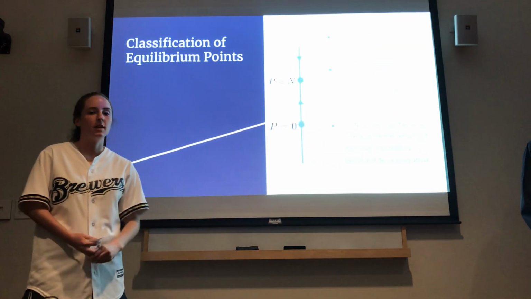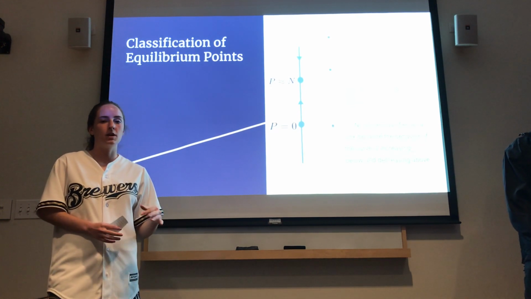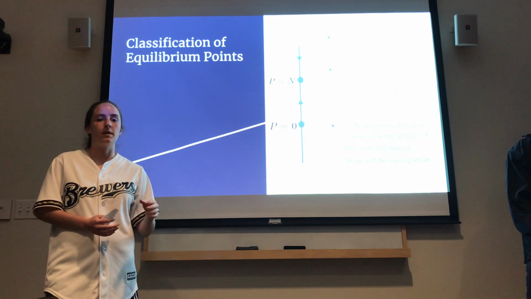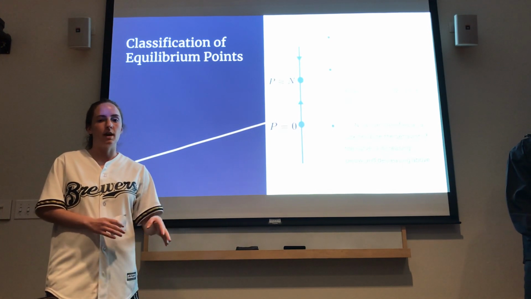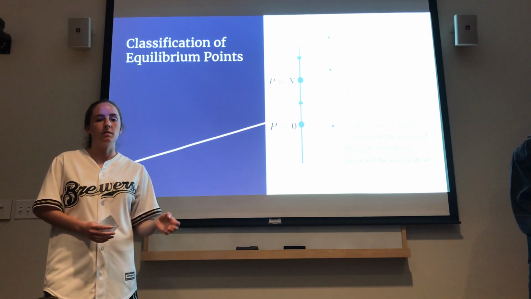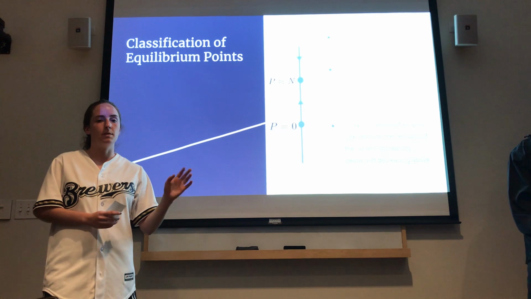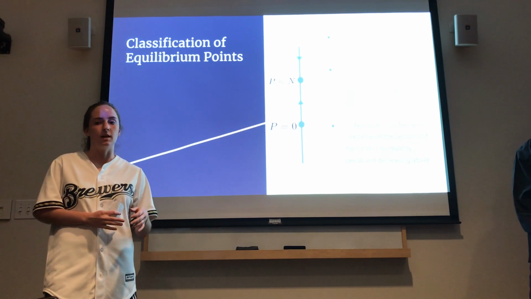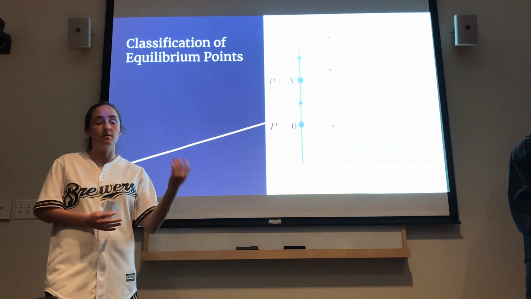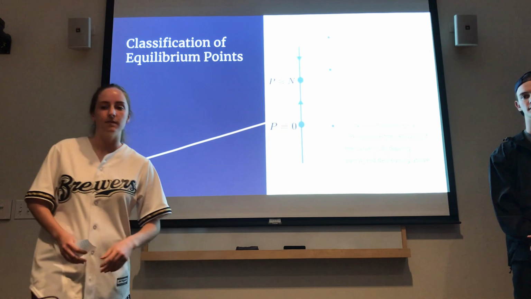The classification of the equilibrium points isn't very conventional: the p=0 equilibrium point doesn't really have behavior below it, so we couldn't classify that equilibrium point. But when p is very near the carrying capacity, we were able to classify it as a sink because the curve is increasing below and decreasing above.